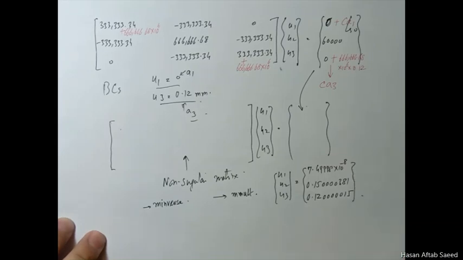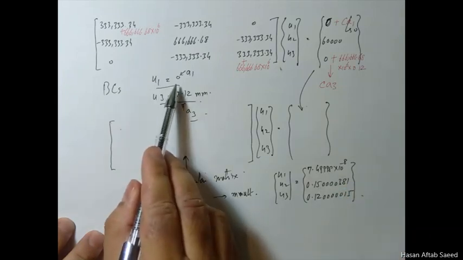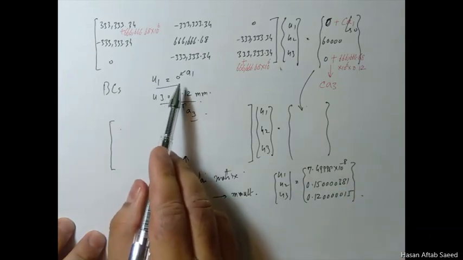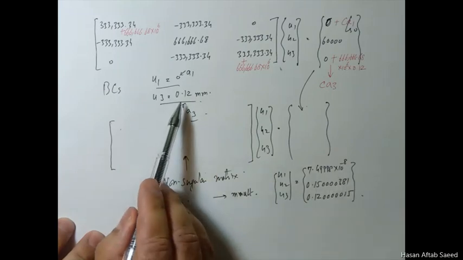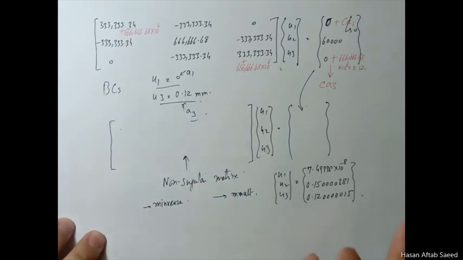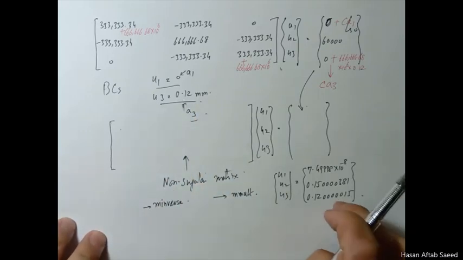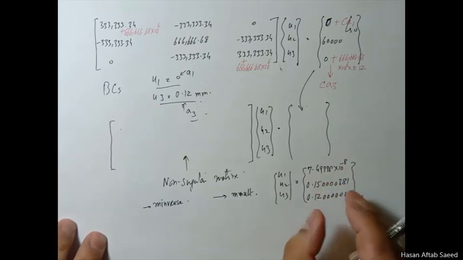Now please notice, you need to apply u1 equal to 0. What actually you were able to apply was this, very close to 0 but not 0. Similarly, u3 you aim to apply 0.12, but actually what got applied was this. It's almost the same thing, but slight error. You can say this is error, but actually this is very close to the exact solution.